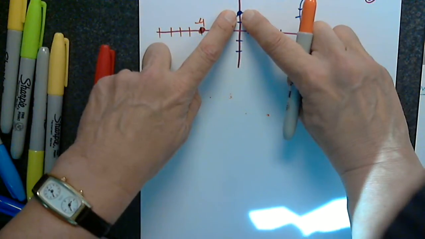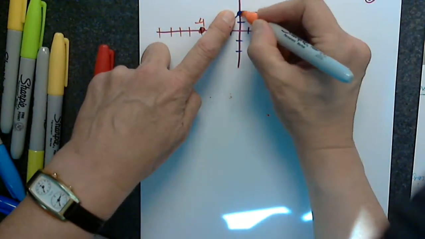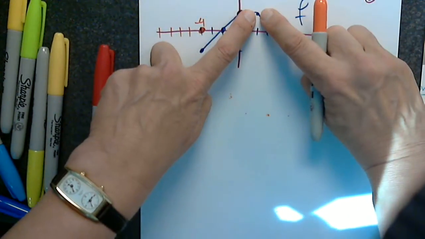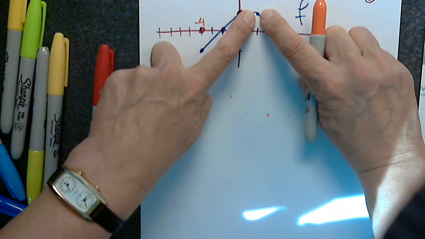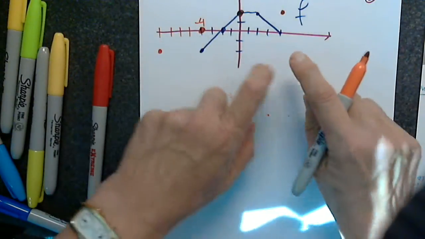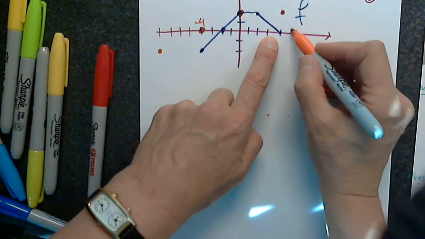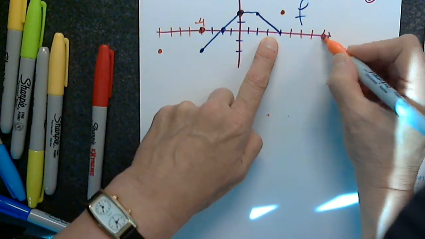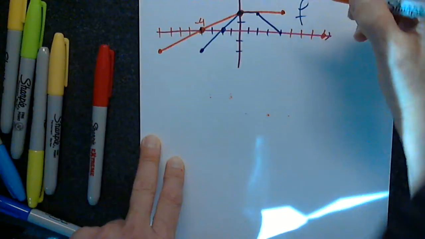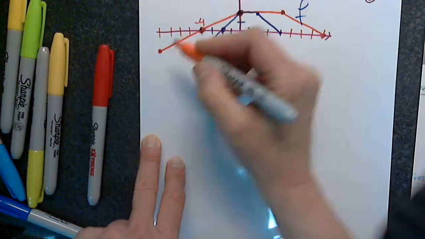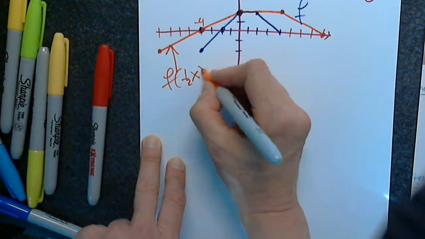This point has x equals 0. Where will it go? Perfect. This point has x equals 2. Where will it go? And this is at x equals 4. Where will it go? So here's the graph. This is the graph of f of 1/2 x.